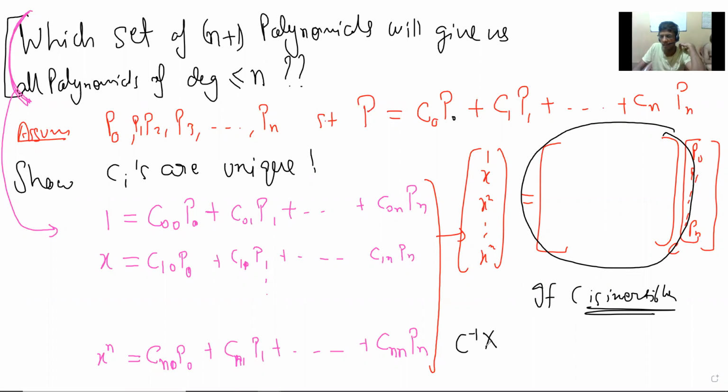When you do C inverse X, where this is the X, what do you get? You get a row of polynomials, like in this case we're representing by these P naughts. If you have an invertible matrix, let's call it C inverse, then C inverse X will give you a collection of n plus 1 polynomials, and you are sure that those polynomials will always give you everything. Why? Because you can take the inverse of the C inverse, and then those polynomials will generate these powers of X, and so they will generate everything.